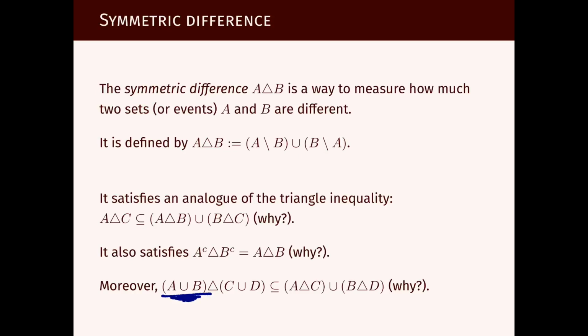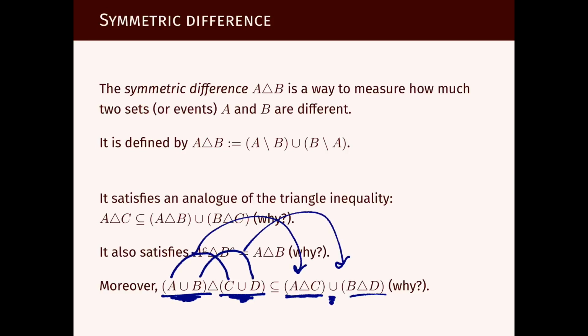If you want to find the symmetric difference between a union and another union of sets, then this is bounded from above by matching one set from each union to the other, taking the corresponding symmetric differences, and then taking the union of these symmetric differences.